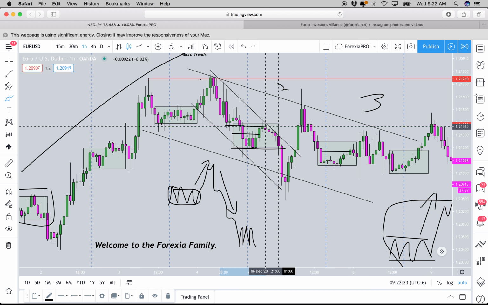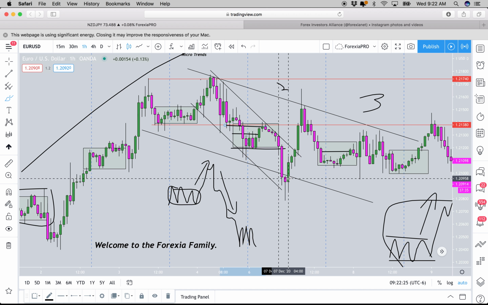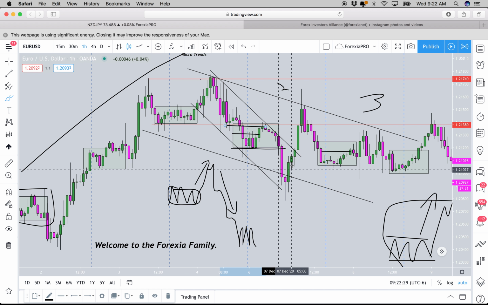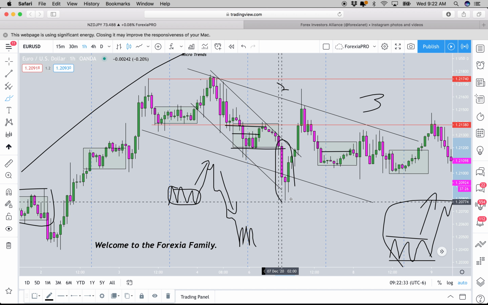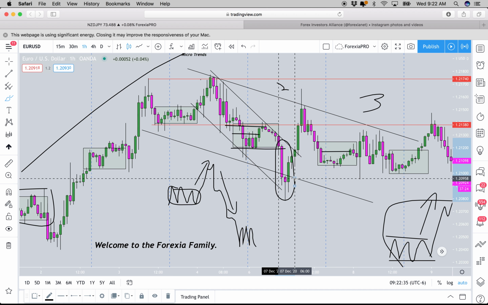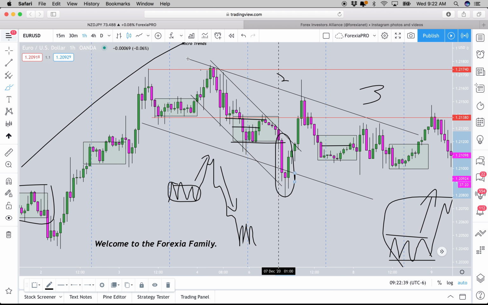We have support after support being broken. So these are multiple confirmations as well for the masses to start selling. They sell into this candle. They sell into that London session breakout candle. That's the induction. They're induced to sell. And then what happens? The low of the day is created. And they reverse off that low.